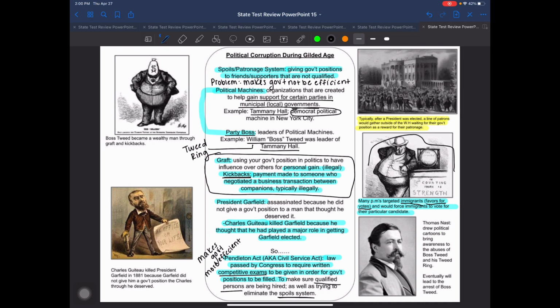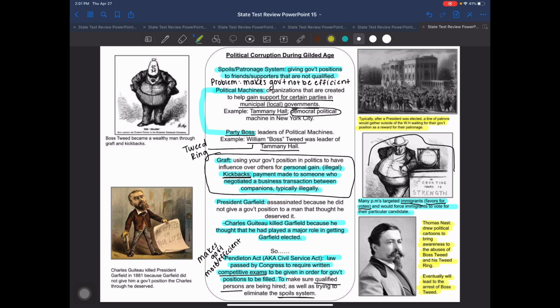A couple of little notes out to the side here. I really want to make sure that you highlight this man, Thomas Nast. And Thomas Nast is kind of going back to what we just discussed about Boss Tweed. Thomas Nast kind of started to realize that the people that Boss Tweed was taking advantage of, which was the taxpayers, a lot of them didn't genuinely understand how they were being taken advantage of.